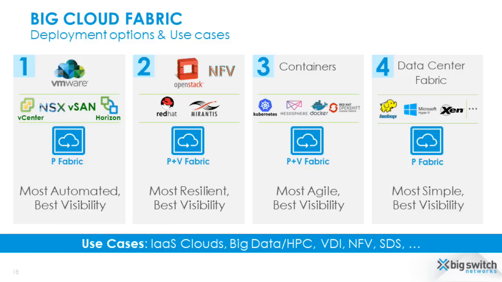The next use case, which largely is what STT Connect is about, is around OpenStack. They've deployed OpenStack with Red Hat as the flavor. And we refer to our integration with OpenStack as P+V. P is the physical switches that we control in the network, but uniquely, we also control the virtual switches.